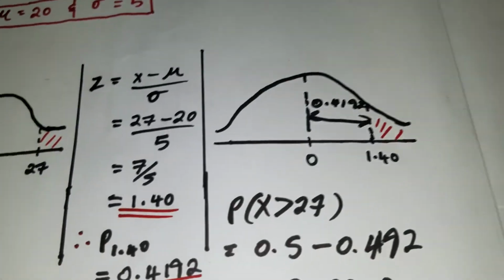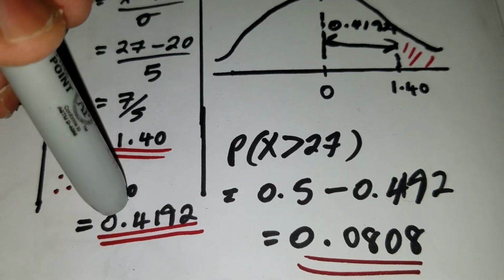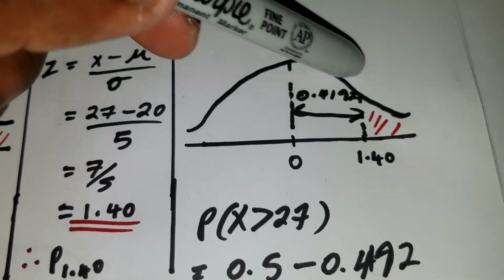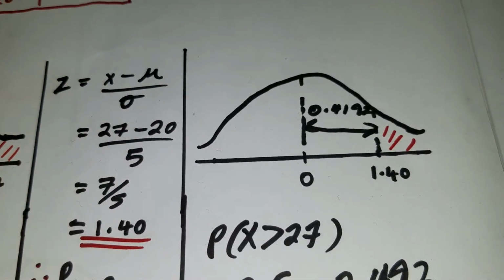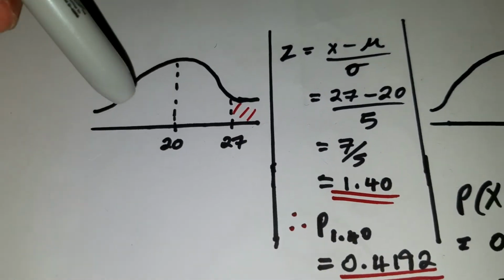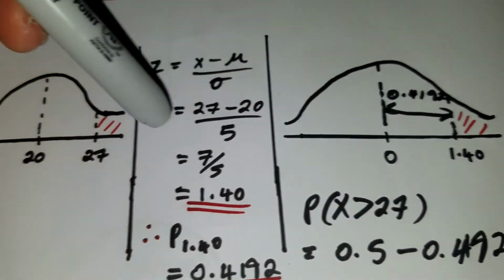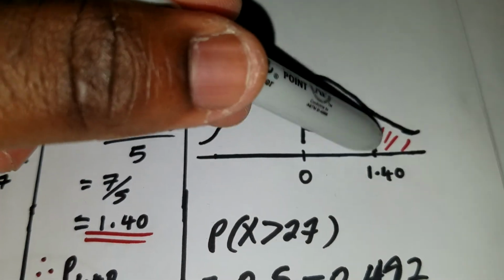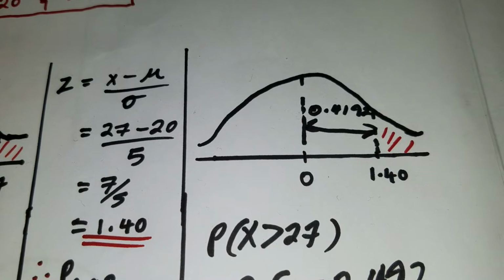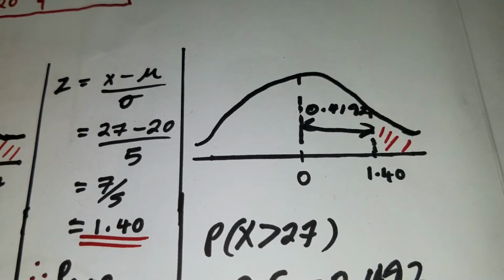After we got the probability of 0.4192, we draw the standard normal distribution curve. The mean of 20 is now represented by 0, and 27 is now represented by 1.4. The shaded region remains the same, that is the region we want to find.